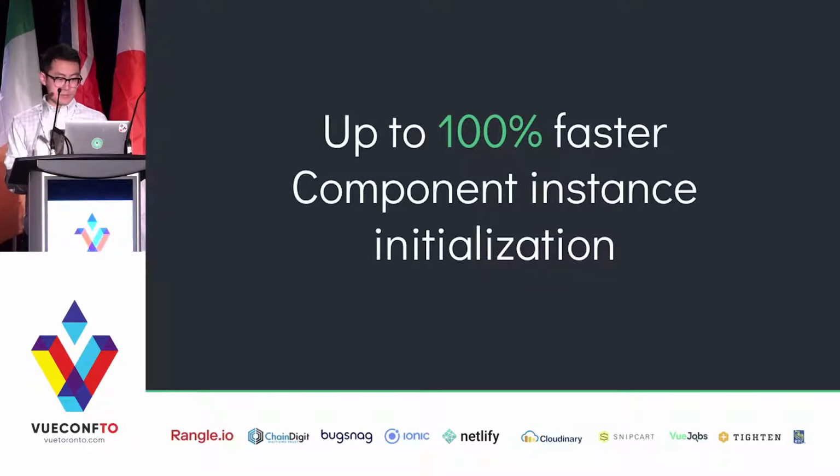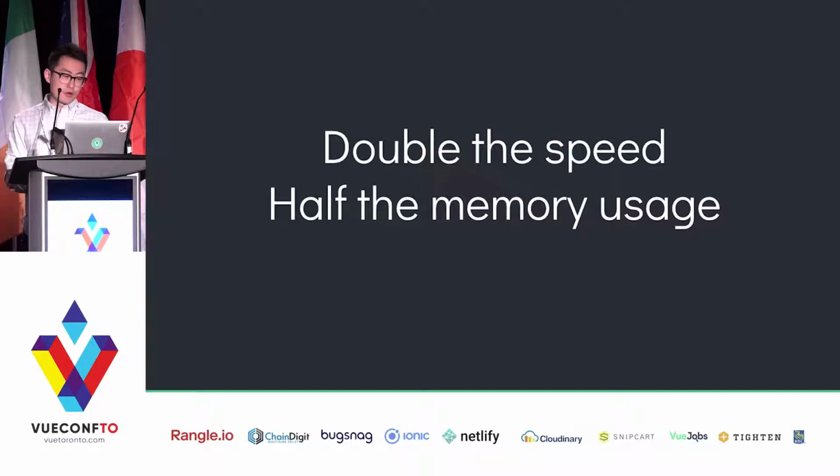So we are doubling the speed of component instance initialization. Across the board, with all the prior optimizations combined, we're getting double the speed and half the memory usage of Vue's current runtime.